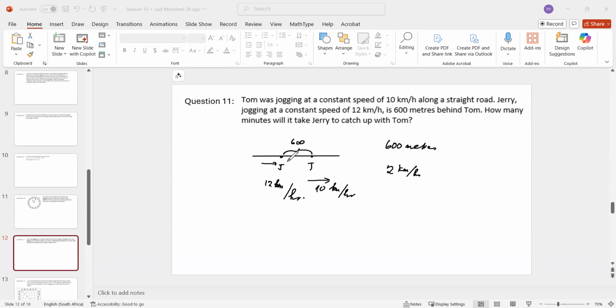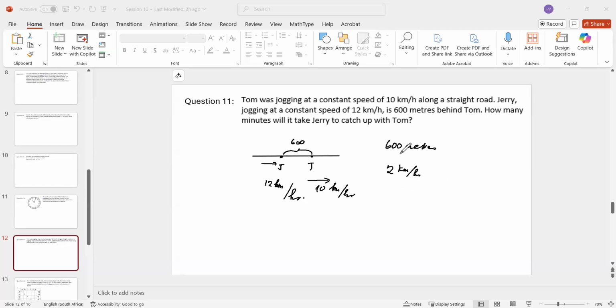It's as if Tom is standing still and he is moving at 2 kilometers per hour. Because the 10, 12 is like that. So he is catching up with him. In every hour, yeah, he's traveling 2 kilometers per hour faster than this guy.